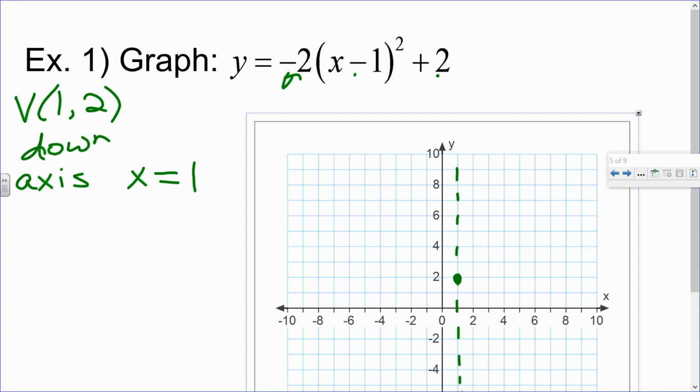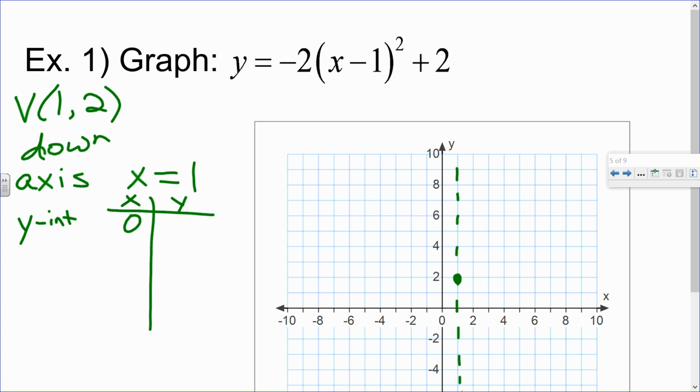Okay, we need to get our intercepts. How do I get the y-intercept? How do I get a y-intercept for anything ever? Chloe? Plug in 0 for x. So if x is 0, let's say I need to do a little bit of work.